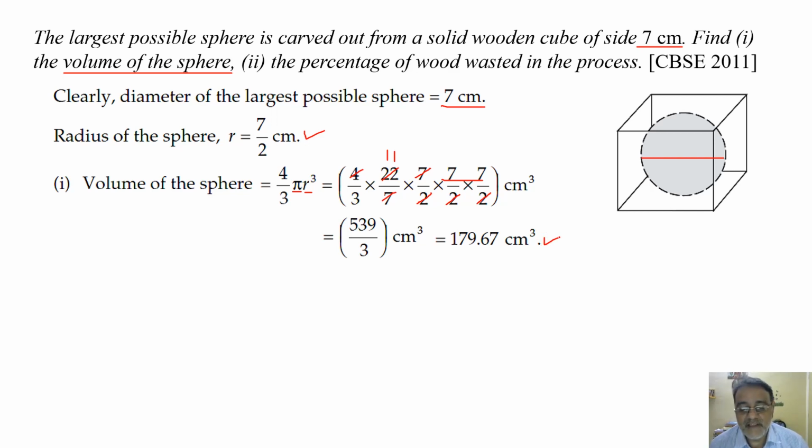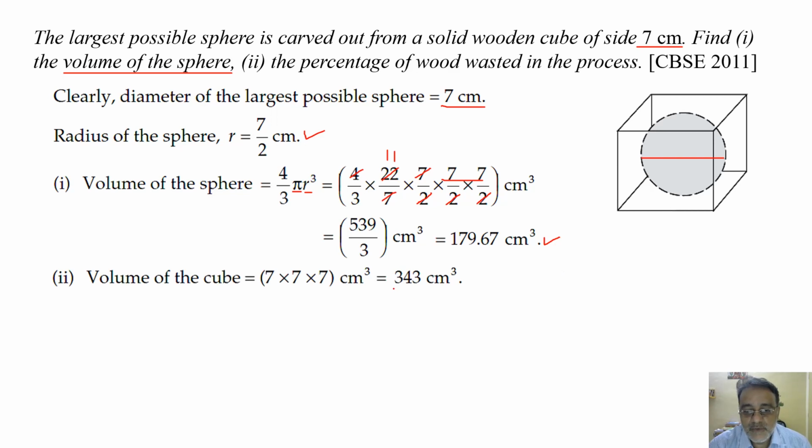Now we have to find the percentage of wood wasted in the process. So volume of cube we have to find. The volume of cube is a cube, right? So 7 into 7 into 7, and that is equal to 343 centimeter cube. Now the volume of wood wasted will be volume of cube minus volume of sphere.